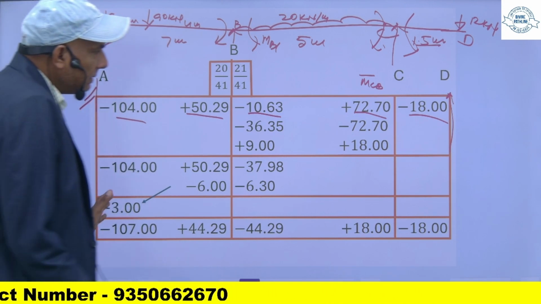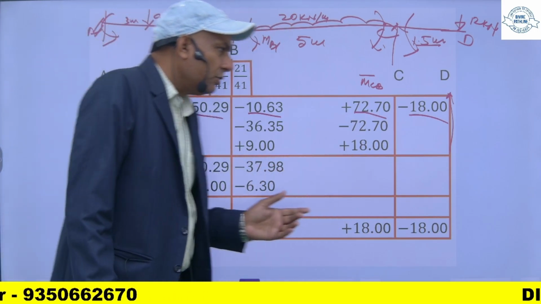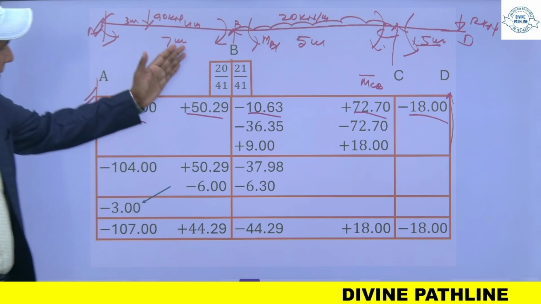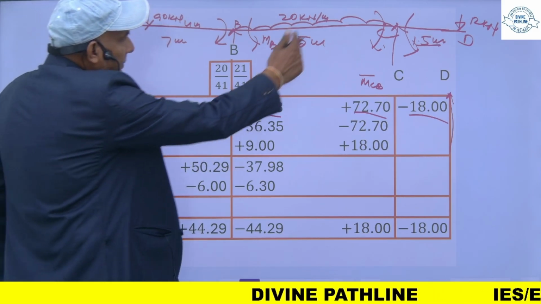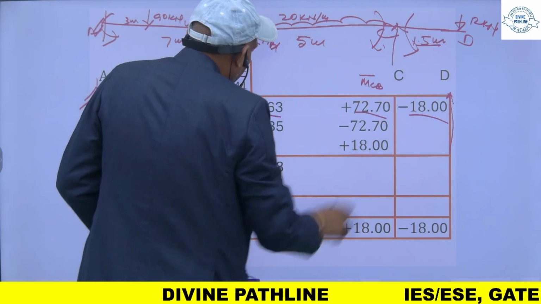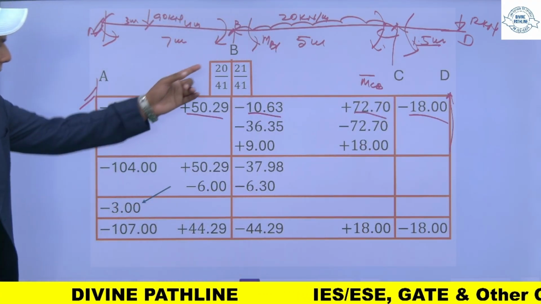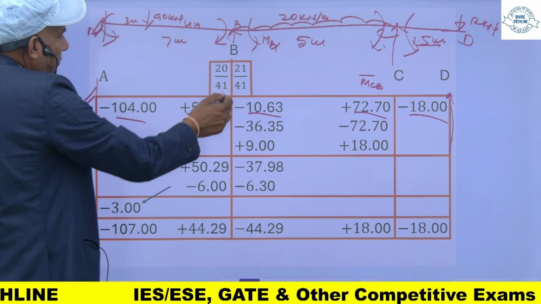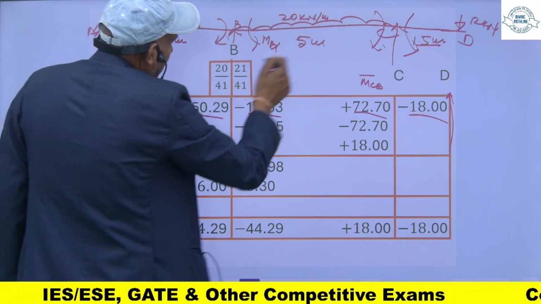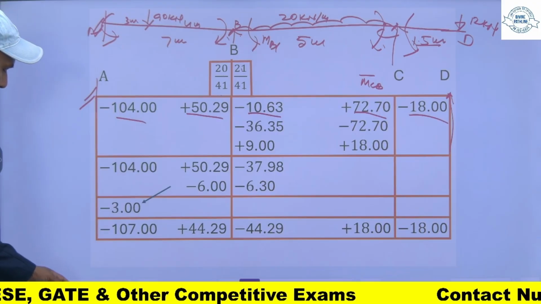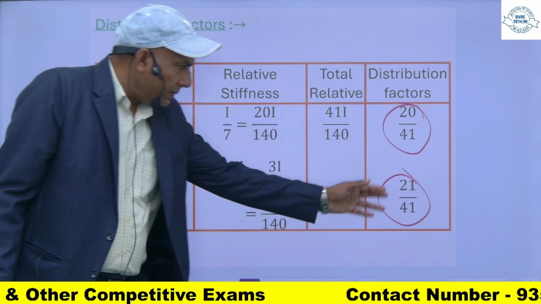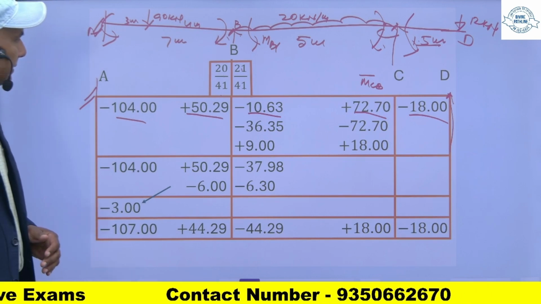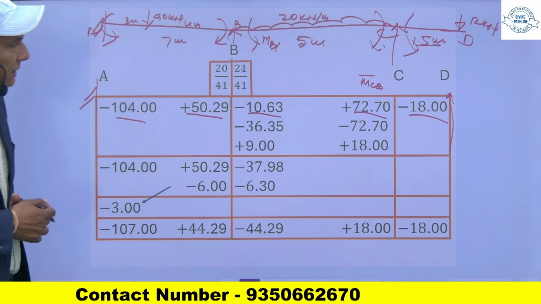So in the distribution table I have plotted the values MAB, MBA, MBC, MCB, MCD. For the joint, the distribution factor for the BA portion is 20 upon 41, and for the BC portion it is 21 upon 41. These are my distribution factors.